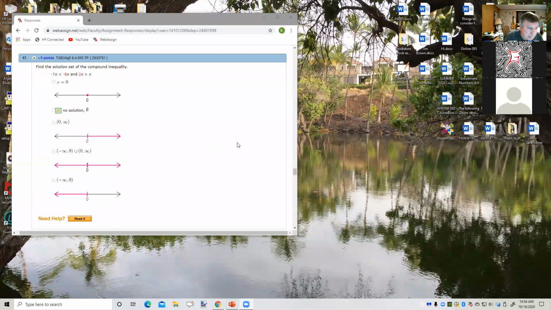We have -7x less than -8x and 2x greater than x. Okay, so we're to find the solution set, and they don't say this, but it looks to me like they want us to graph it and put the answer in interval notation as well. So we'll do both of those things.